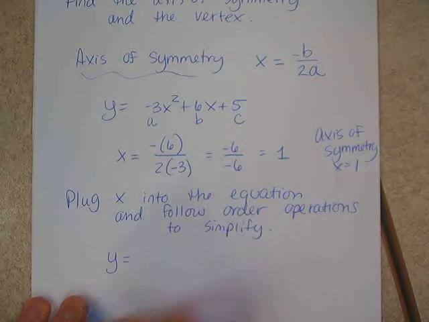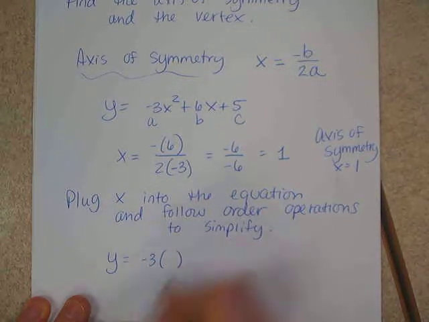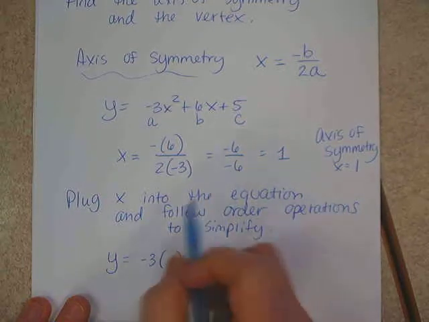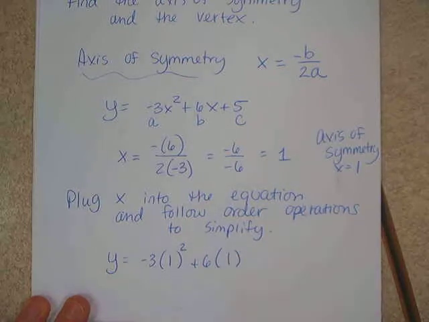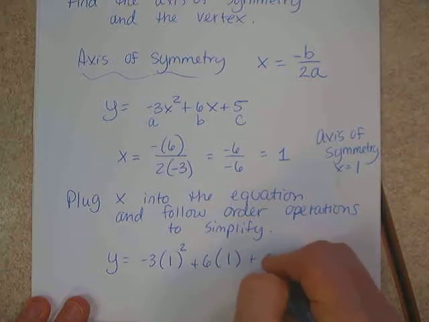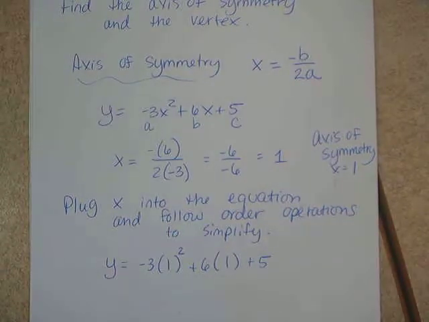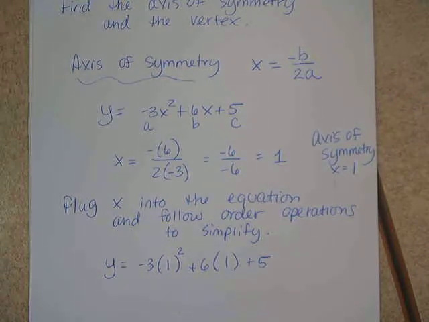All right, so using this part, we want the y value. We're going to say y equals -3, put parentheses, so you're going to plug in 1 squared plus 6 parentheses with the 1 plus 5. Now I know that there's some people that think that they can do all of this in their head.